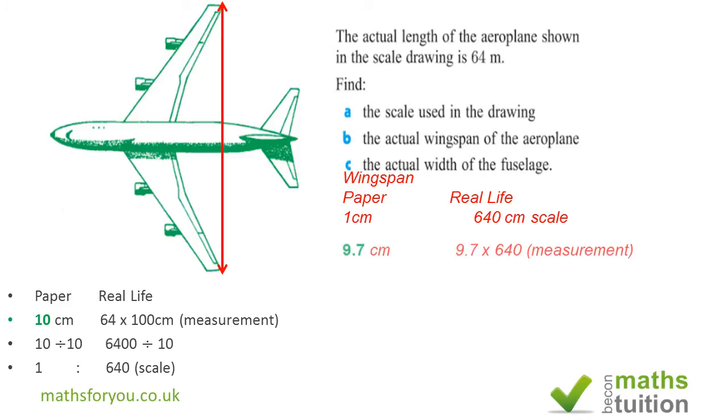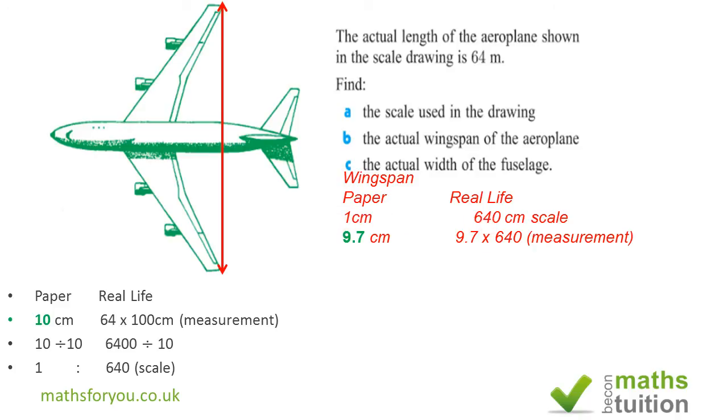But I've now measured from this tip of the wing to that tip of the wing as 9.7 centimeters. It may be wrong, but I'm sure that's what I got for my measurement. Your measurement will be more accurate than mine because I'm measuring on screen, you're measuring on paper. So my 9.7 on paper will be equivalent to 9.7 times 640 in real life because we know that the scale is 1 to 640.